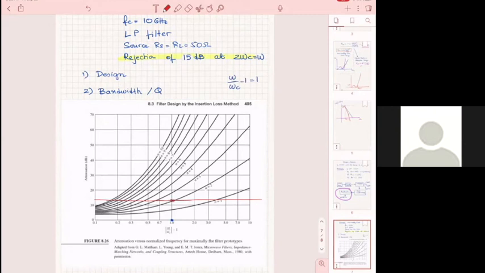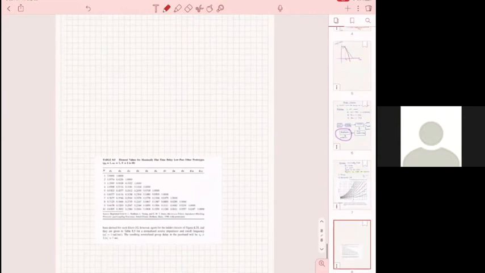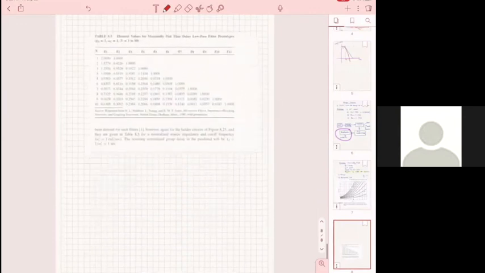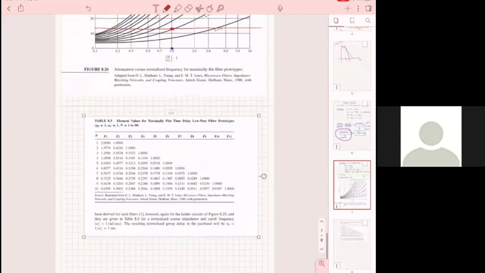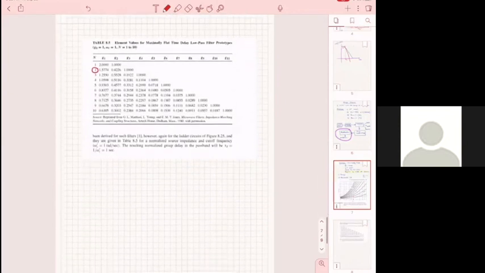There. That tells me that I have n equals 2. What does that mean? Now I have to go to the lower table, and I'm looking for n equals 2. And then what does that really mean?